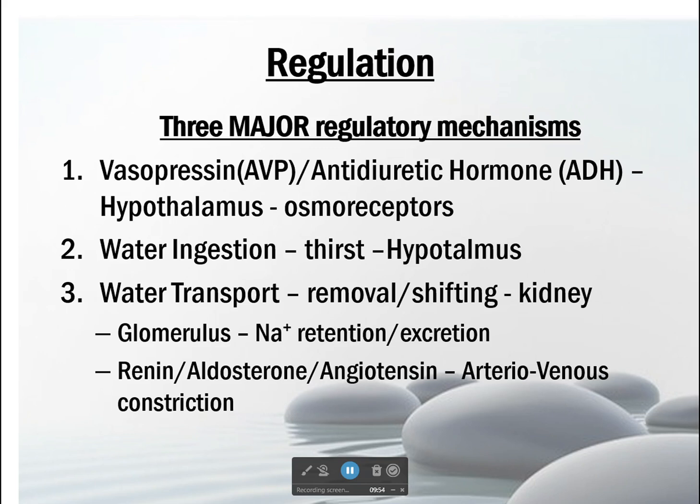In order to maintain sufficient blood pressure so that you stay conscious while you're mowing the yard, the arteries and vessels have to constrict to maintain an appropriate blood pressure, to maintain perfusion to heart, lungs, brain. That keeps you conscious and keeps you moving. So we have to do two things. We have to manage fluid, and we also have to manage the vasculature. Those are the three major regulatory mechanisms for fluid management in the body.